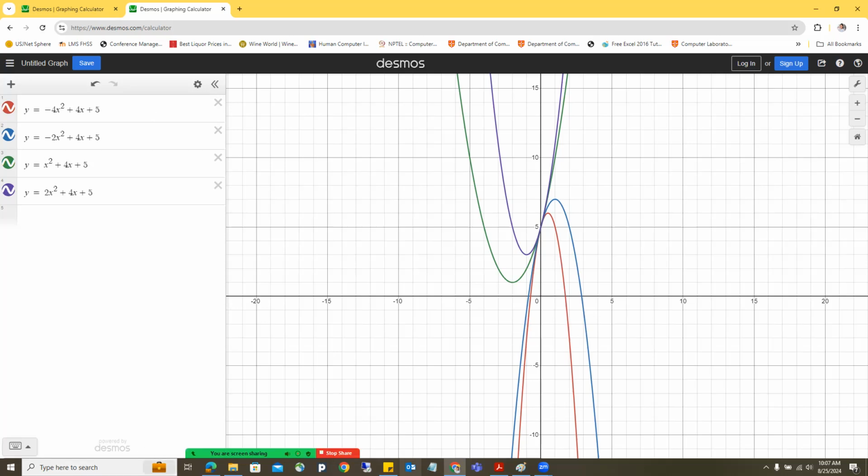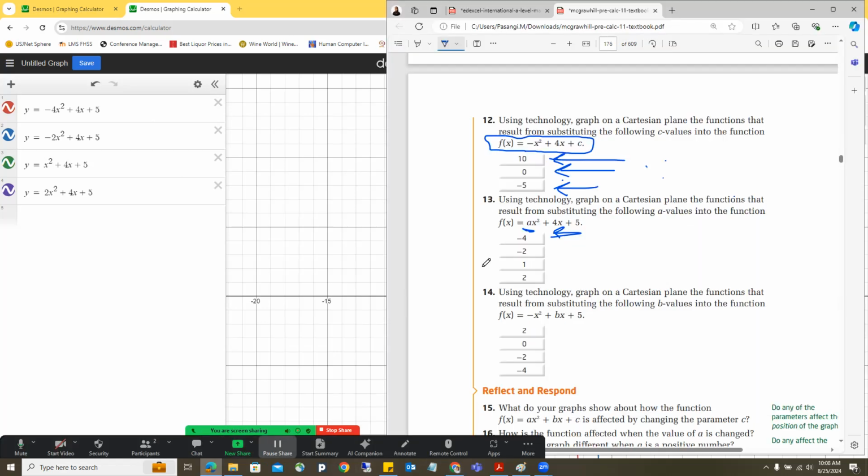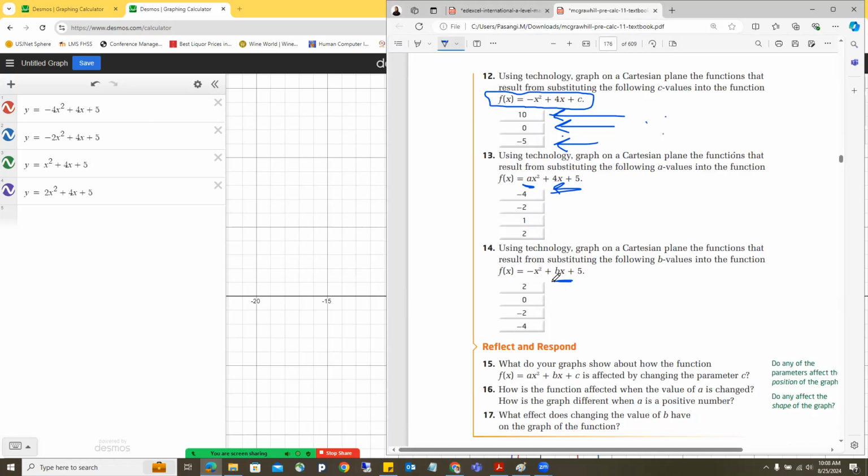Okay, then the third one, the last part, is where we are now changing the b value.